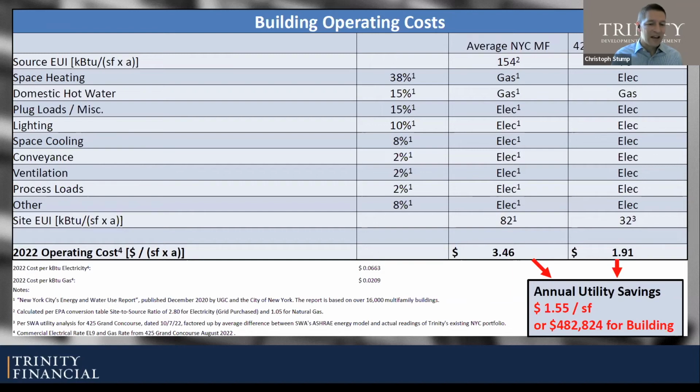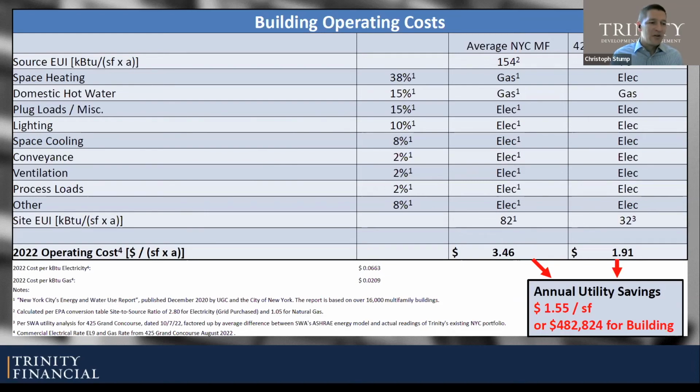We have factored that analysis up by almost a third. That's the margin of difference from typical utility analyses compared with the actuals. That's not a fault of the analysis. They have to compare apple by apple. This is just a reality of actual consumption.